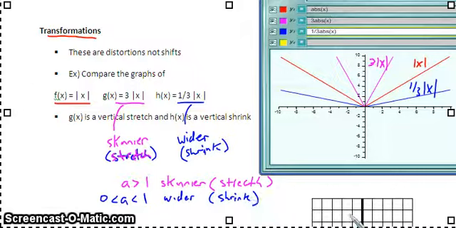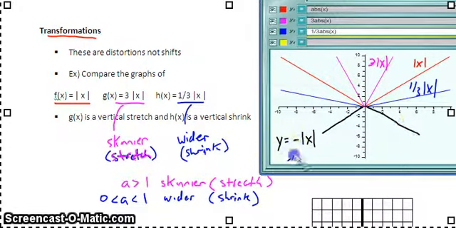And just to add one more in there, if we're talking about negative a's, in this case we're talking about numbers that are positive, less than 1, basically from 0 to 1, or bigger than 1. If it's negative, all the negative is going to do is make your graph open downward. So if you were to look at maybe the absolute value of a negative x, that would make your graph be the same shape as the red one, but it would be opening downward.